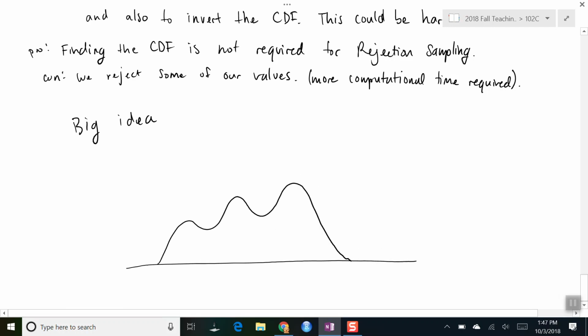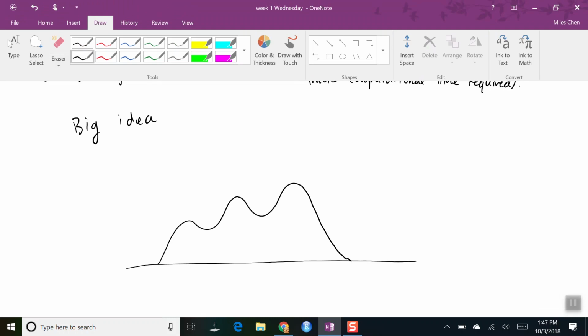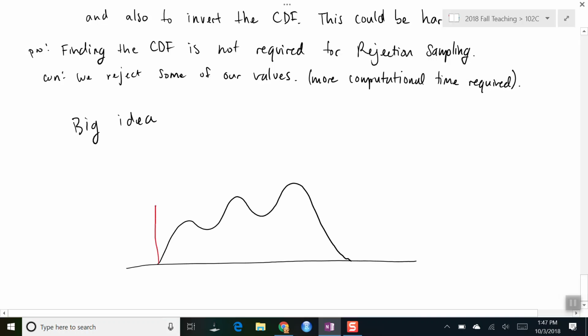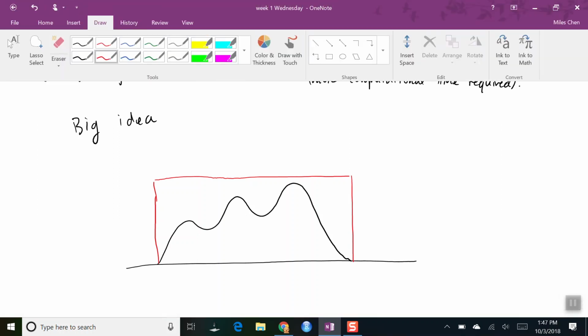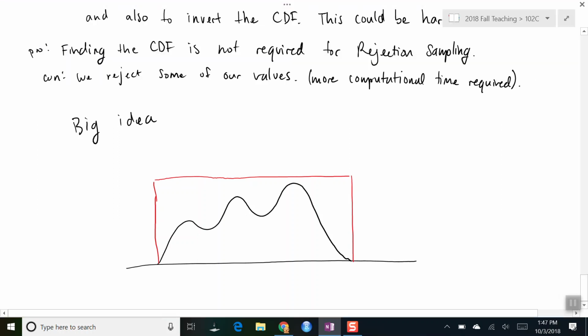And the idea is basically this. The big idea, and we'll get into the actual math, is that, you know, here's your PDF. Okay, so this is our PDF, and we want values inside of here.